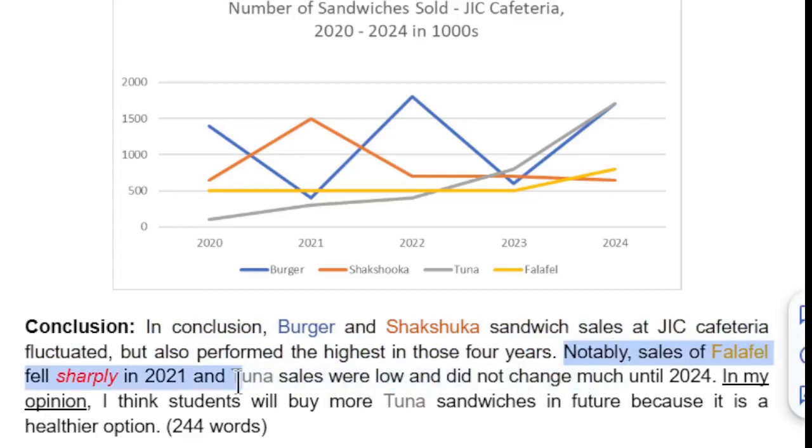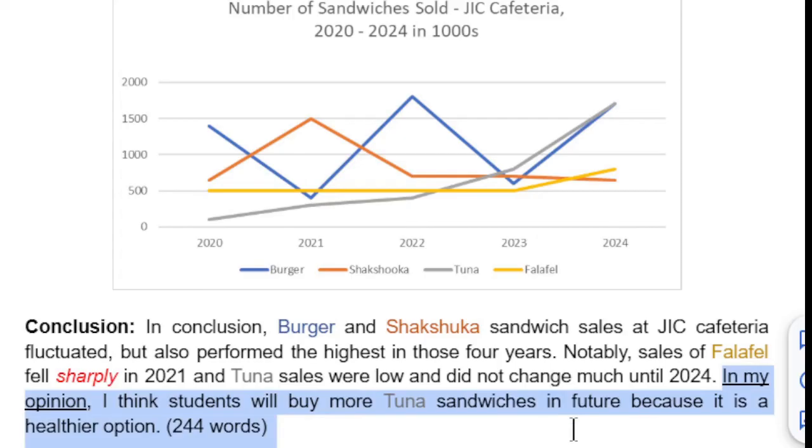Notably, sales of falafel fell sharply in 2021, and tuna sales were low, but did not change much until 2024. In my opinion, I think students will buy more tuna sandwiches in the future because it is a healthier option. That's me wishful thinking, hoping that they will.